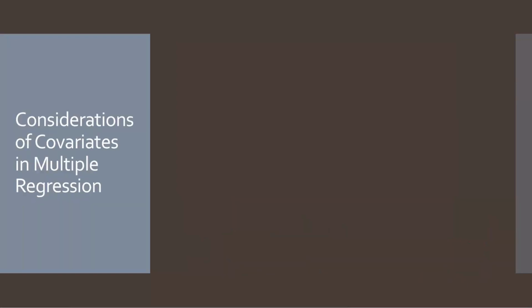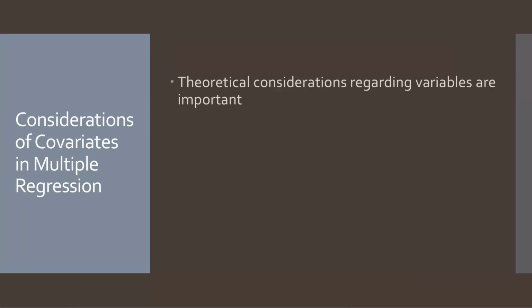Some considerations when dealing with covariates in multiple regression. Theoretical considerations are important. When you create a regression model, it is not a matter of simply looking for what you can do to predict a response variable with the quantitative explanatory variables that you have in hand, or how you can explain most of the variation and build a model to get the best fit you possibly can.